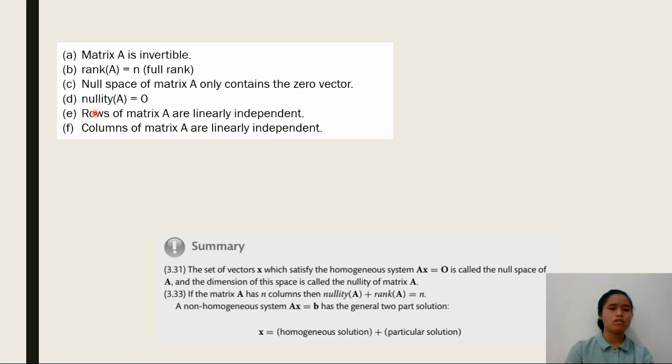D: nullity A equals 0. E: rows of matrix A are linearly independent. And F: columns of matrix A are linearly independent. So x equals homogeneous solution plus particular solution.